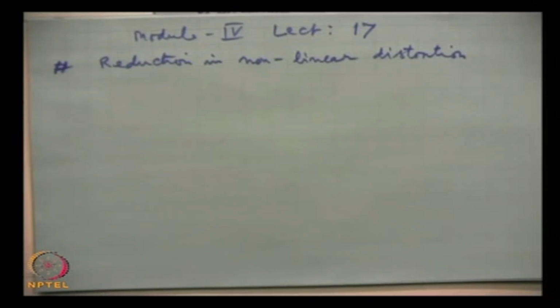I talked briefly in the previous lecture about the nonlinearity, the input characteristics, output characteristics of a transistor, whether it is BJT or it is FET. In certain regions they are nonlinear, and there are various other components.